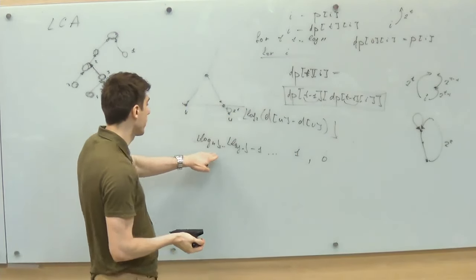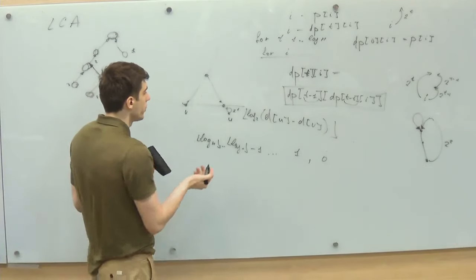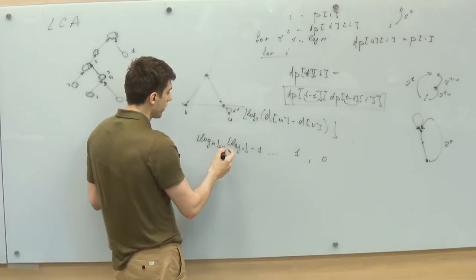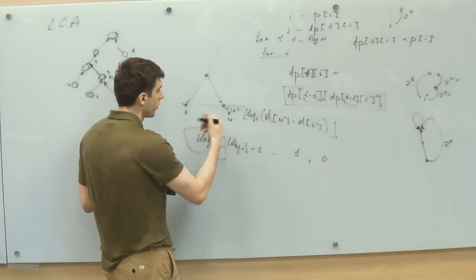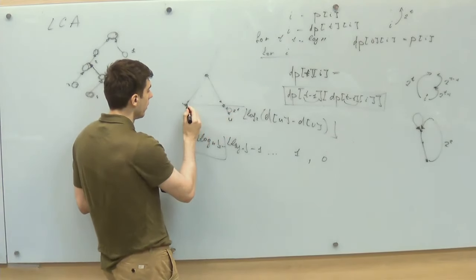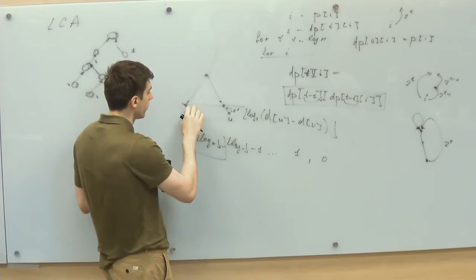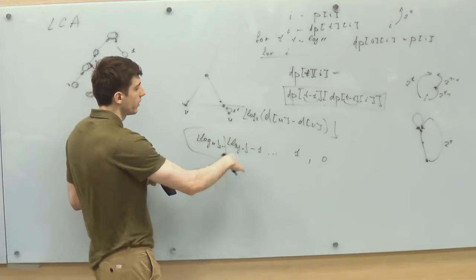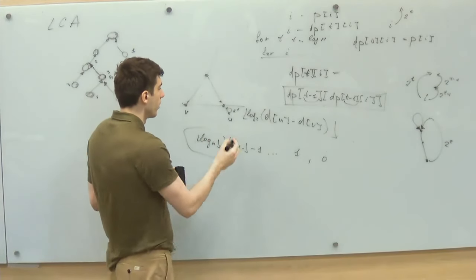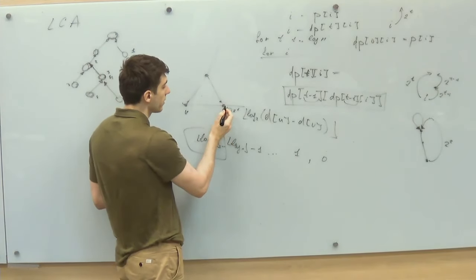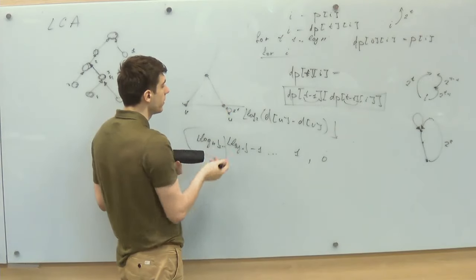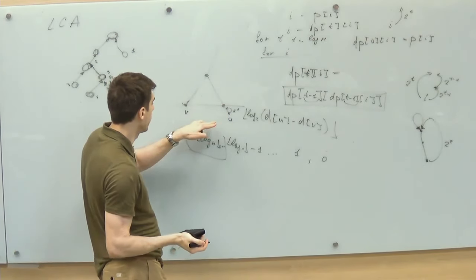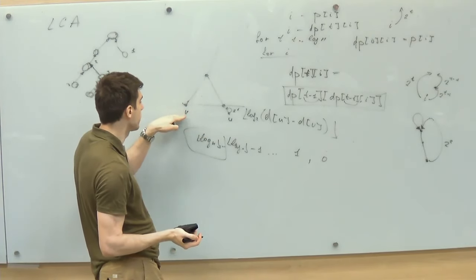We can try all of them and check that after we are moving up for this amount of steps, we will still be not above this vertex, and if so, we just step and continue forward. So in the end, we will stop exactly at the vertex which is the ancestor of the vertex u, and which is at the same depth as the vertex v.